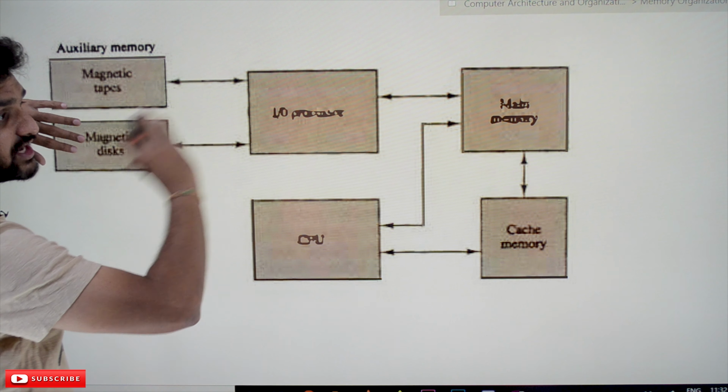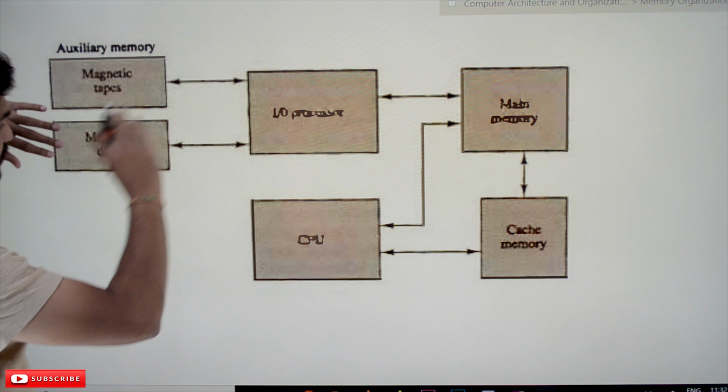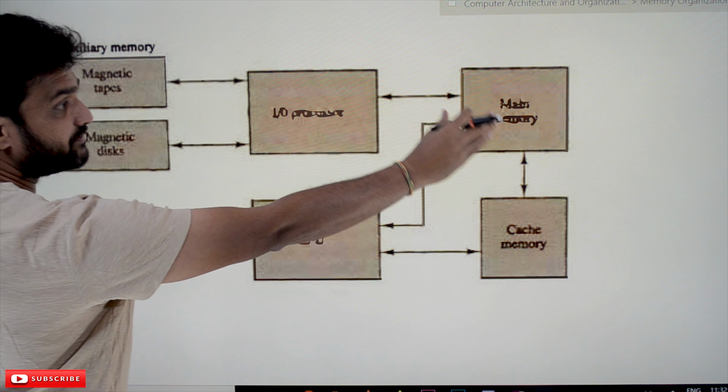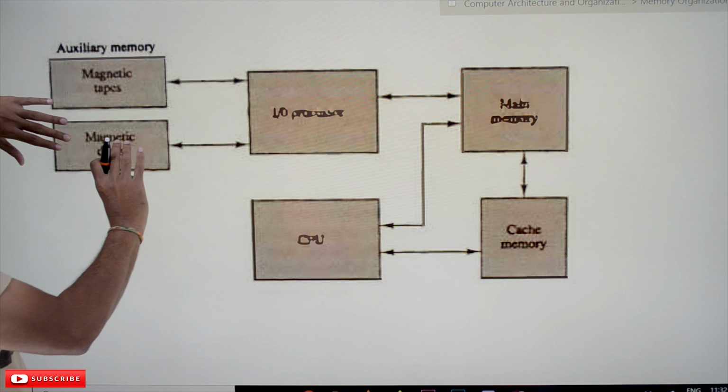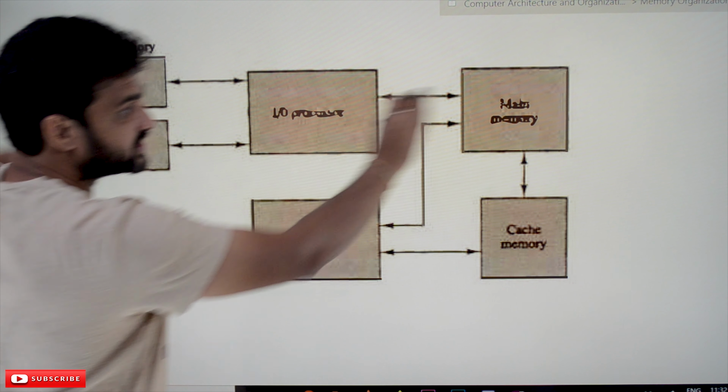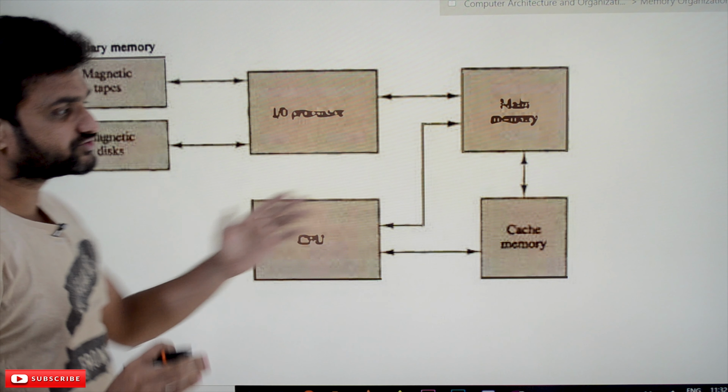Whenever there is a need for another part of the program, we are going to fetch the data from the magnetic disk, which is the hard disk, through the IO processors, and the content will get transferred between these components.